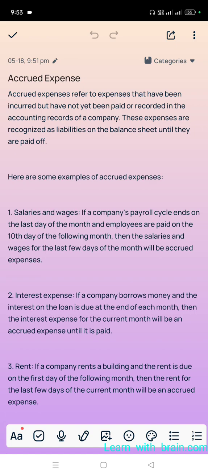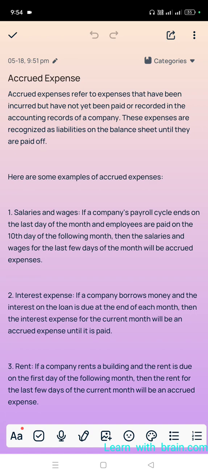If a company's payroll cycle ends on the last day of the month and employees are paid on the 10th day of the following month. A simple example: this month is May. The payroll cycle ends on the last day of the month, that means the 31st of May.